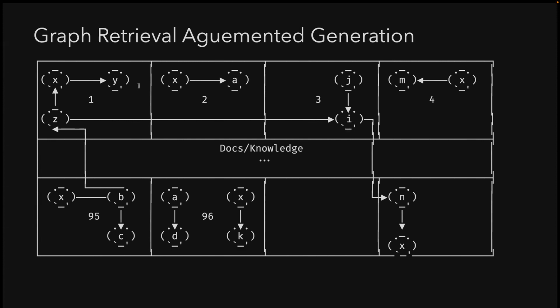Imagine if our task or our question is related to one piece or two pieces of, for example, X. But if we are doing the traditional vector split method, maybe we cannot cover all the information related to X in the top 3 or top 5, right?